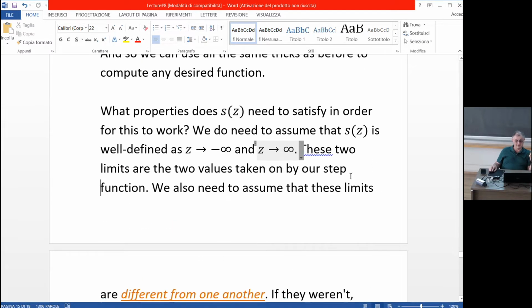These two limits matter because the value at minus infinity is the beginning of our step function, and the value at plus infinity will define the second extreme of our step function.